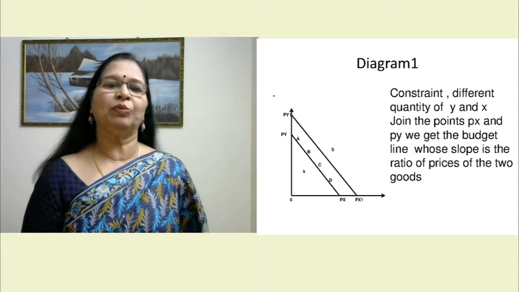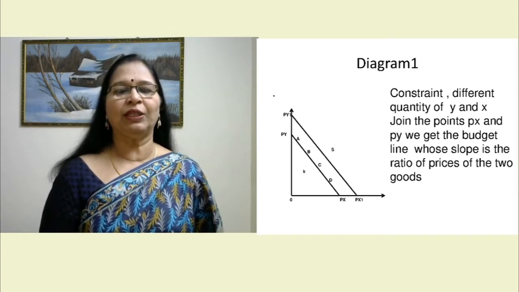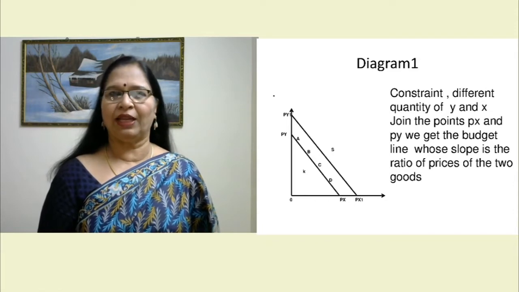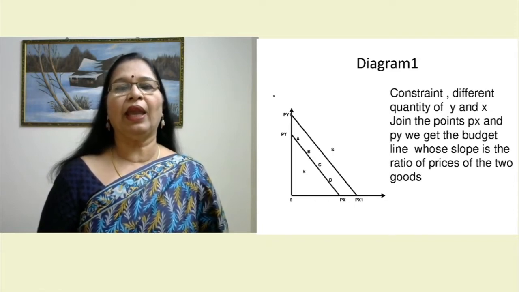If you join them together, those are the different combinations available at the given prices and income. And if we join them together, we get what is called the budget line or the price line for the commodity. Of course, there are points like K and S.